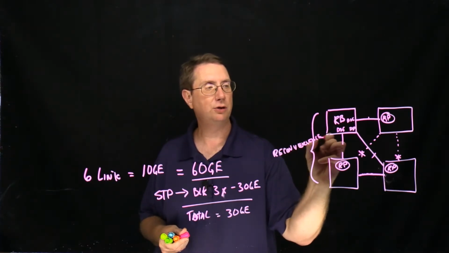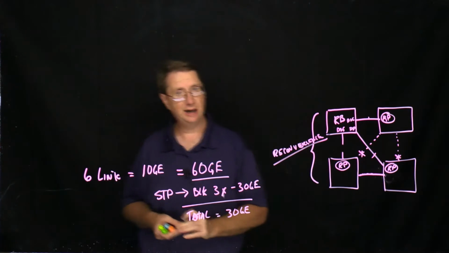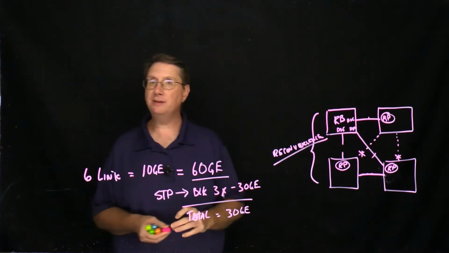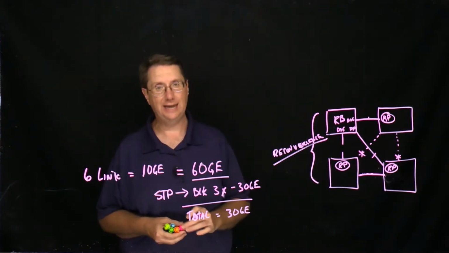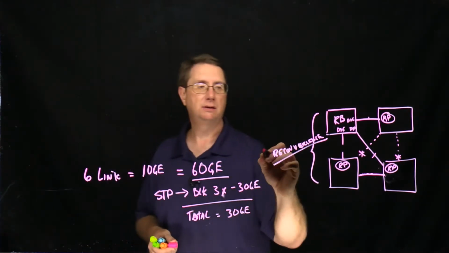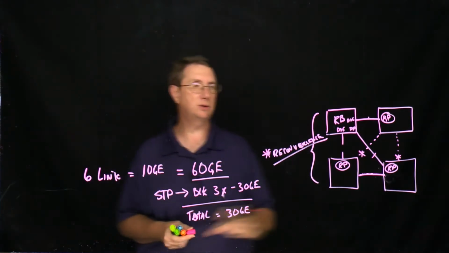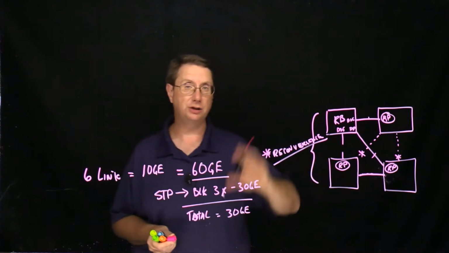Now, reconvergence is an interesting scenario because while I am reconverging, what happens is I can't forward data. So this becomes very, very problematic for us. And it also is going to take time to actually reconverge.